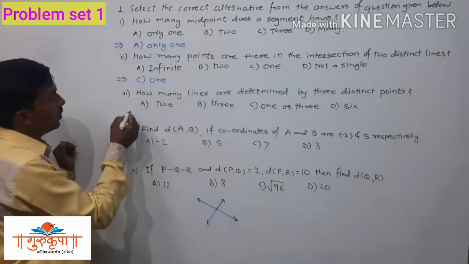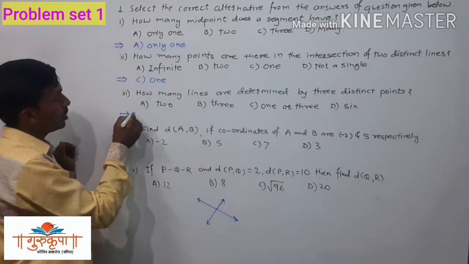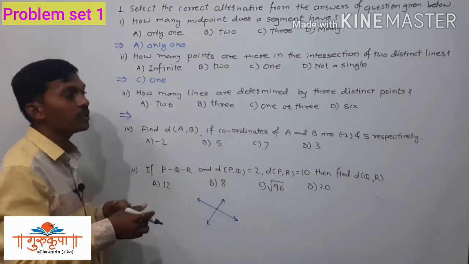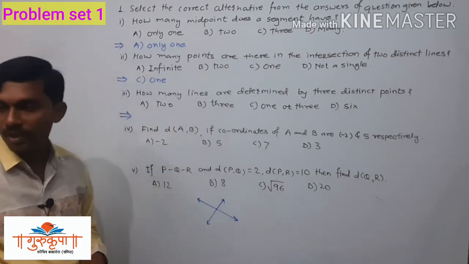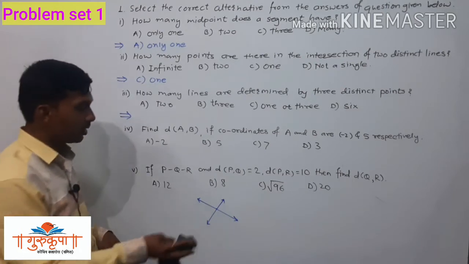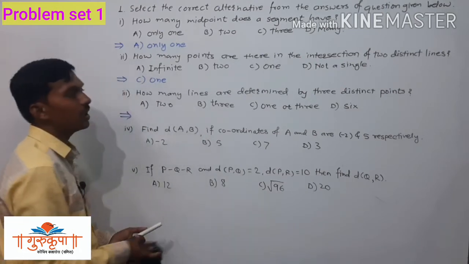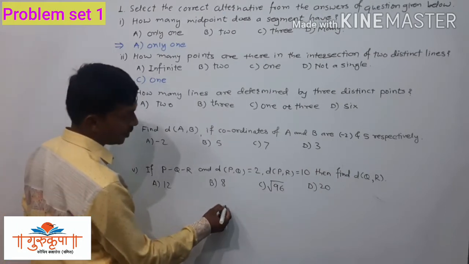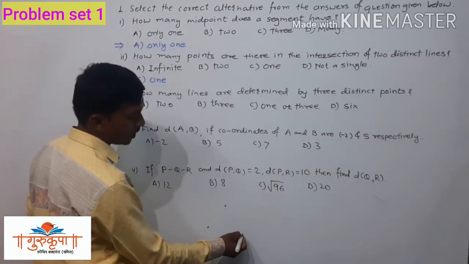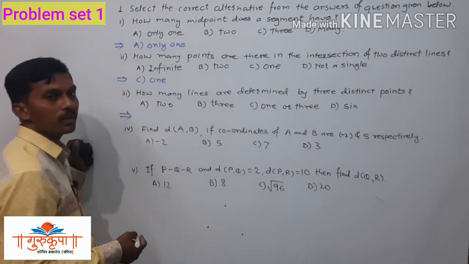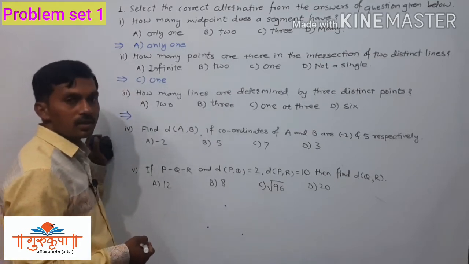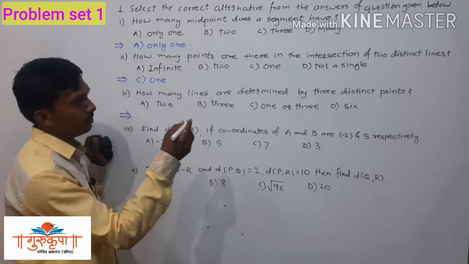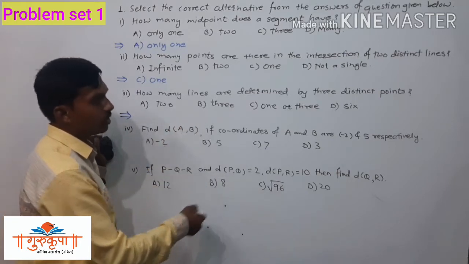Then we have the third example from the first question: how many lines are determined by three distinct points? If we take three distinct points, 1, 2 and 3, how many lines are possible to draw passing through the three distinct points?